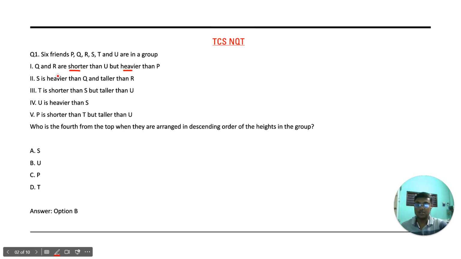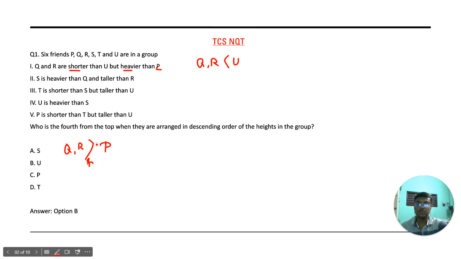So Q and R are shorter than U but heavier than P. So Q and R are heavier than P.